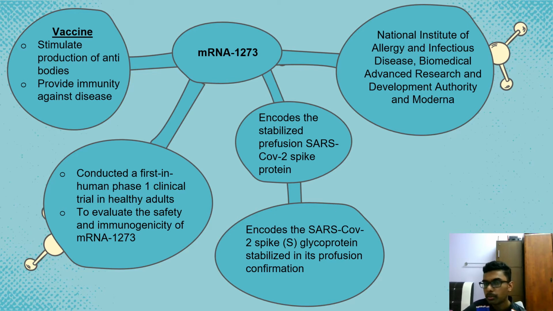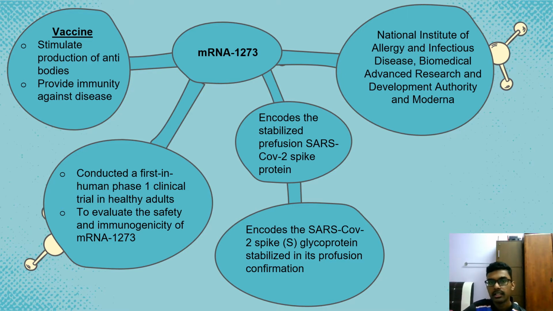The S glycoprotein mediates host cell attachment and is required for viral entry, which is why it is the primary vaccine target for many SARS-CoV-2 vaccine candidates.